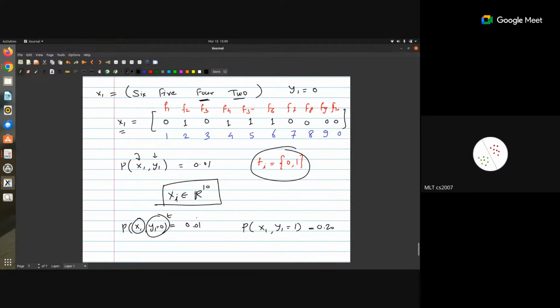Because it has two sides, right? It has a zero class and a one class, so it can have some probabilities associated with it. Similarly, x1 depends on a bunch of features, like f1 to f10, and each feature we can consider as a Bernoulli distribution, so it will have its own probabilities associated with it. And whatever the multiplication of the probabilities is, based on that the probabilities can change. They need not necessarily be the complements of each other.